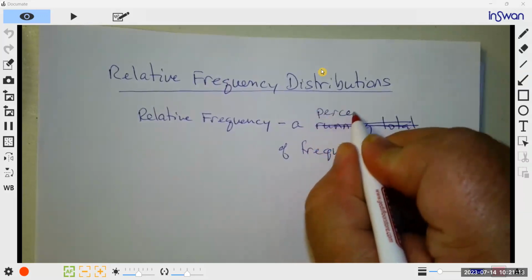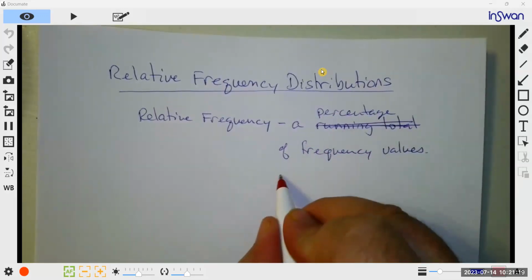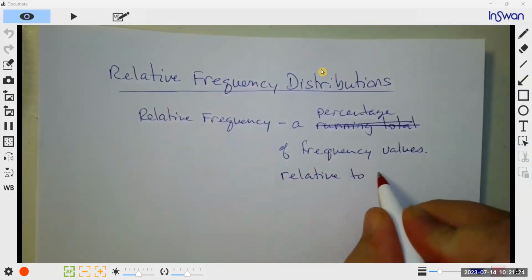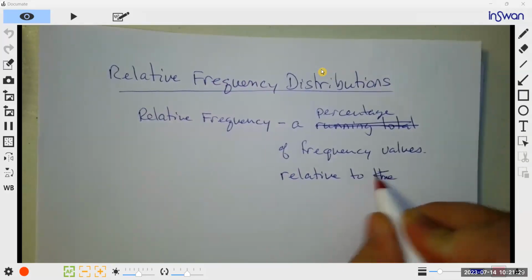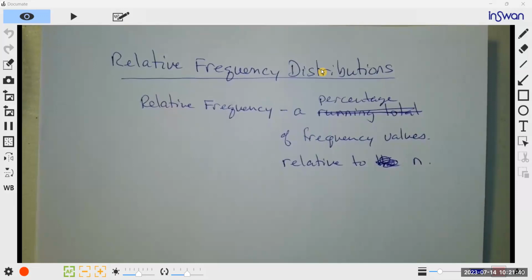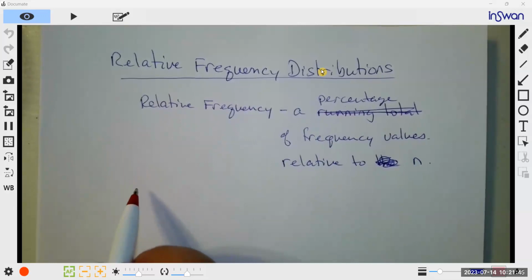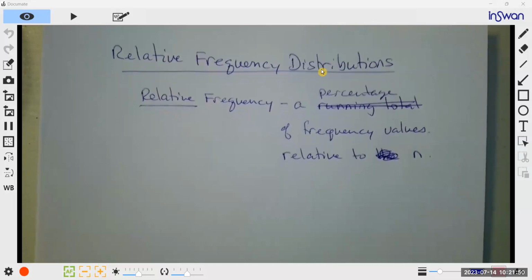Let's say it's the percentage of frequency values relative to n. That'd be the easiest way to look at it. It's not a running total, because what we're looking for here is the frequency of each class relative to the entire data set.